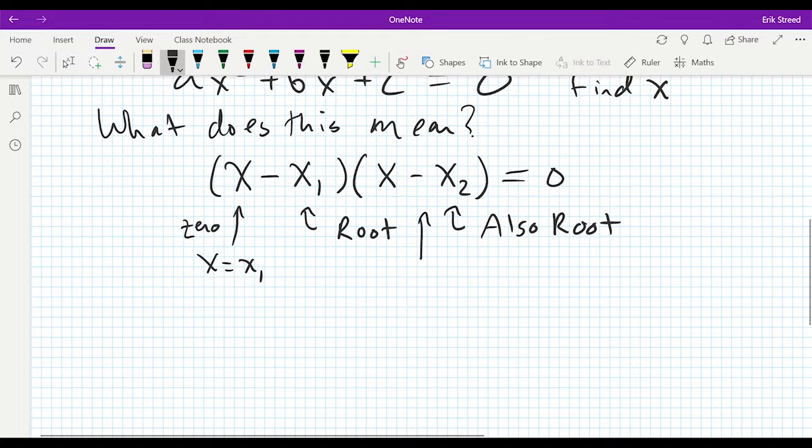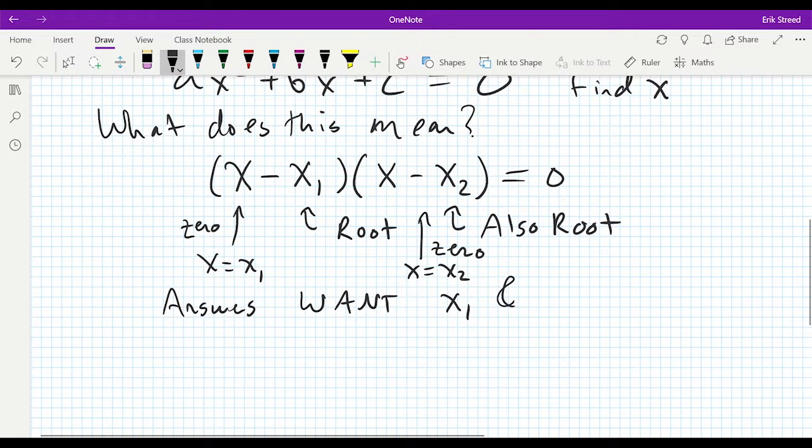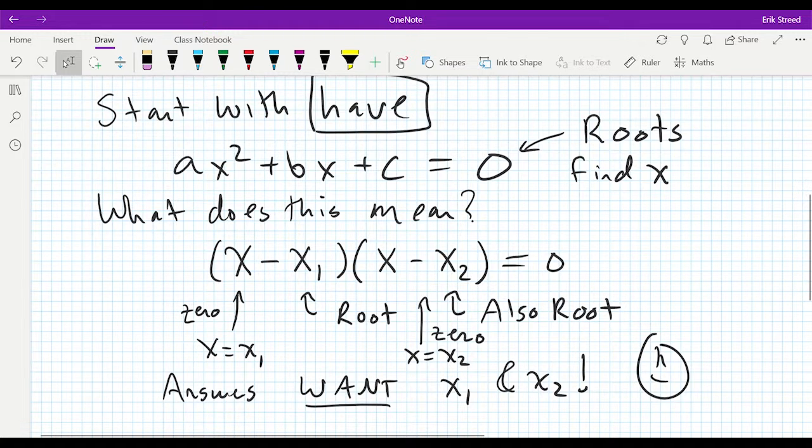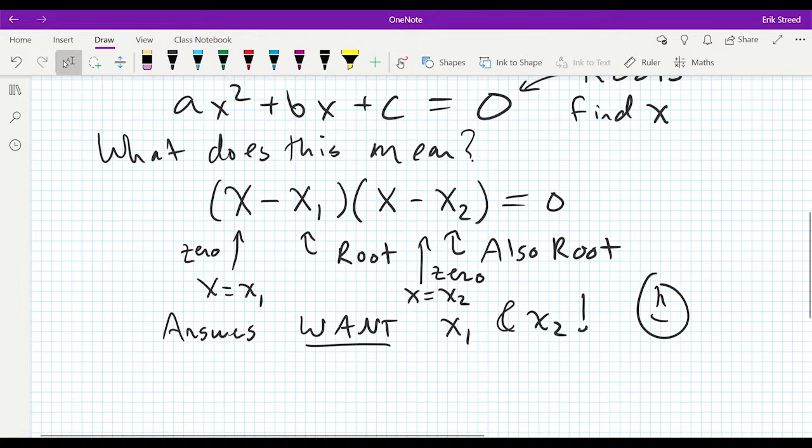And if x is equal to x2, this term is 0. So 0 times something is always 0, unless you've got infinity or something crazy running around like that. So we know that our answers, which is what we want, are just x1 and x2. Yay, we have now solved the problem. We have gone from trying to figure out what x is to figuring out what x1 and x2 are. Okay, this is progress. This is not so bad.